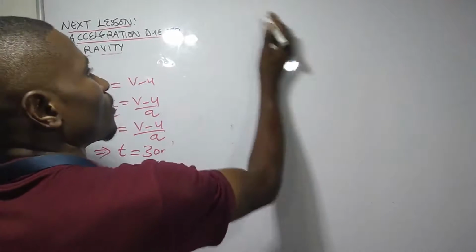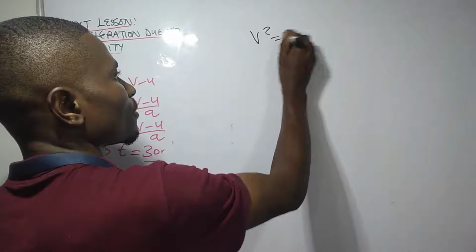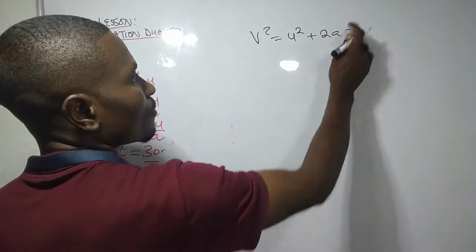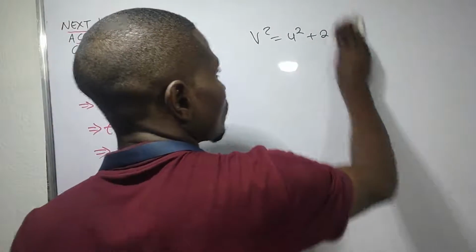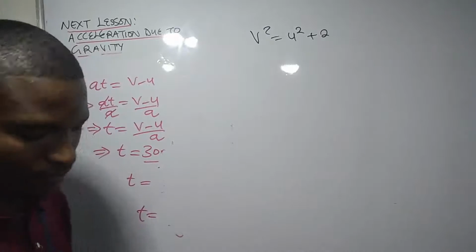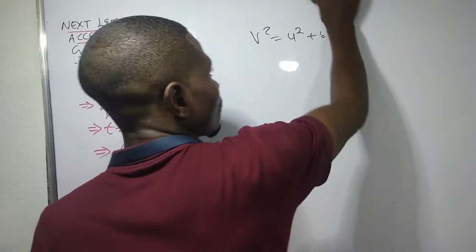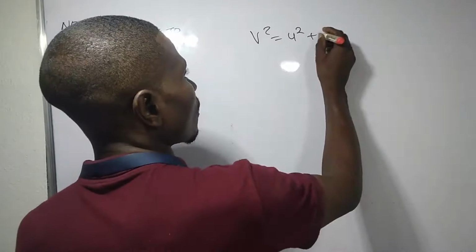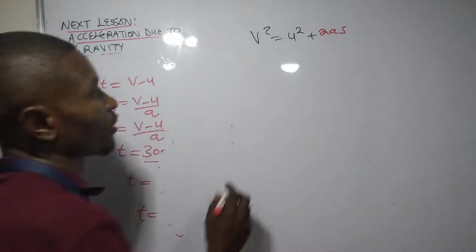So you can also say final velocity squared equals u squared plus 2as. You can apply that formula.